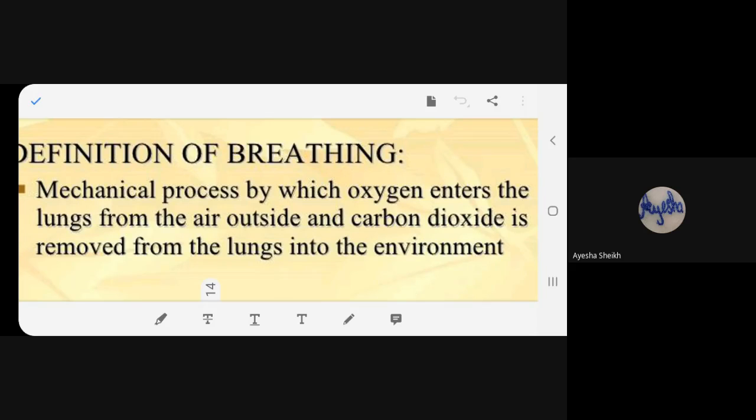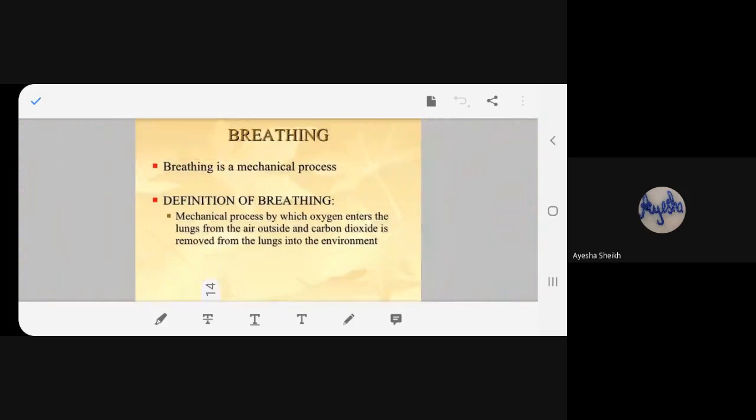It's a process by which oxygen enters the lungs from the air and carbon dioxide is removed from the lungs into the environment. There is exchange of gases, oxygen and carbon dioxide. This is called breathing.